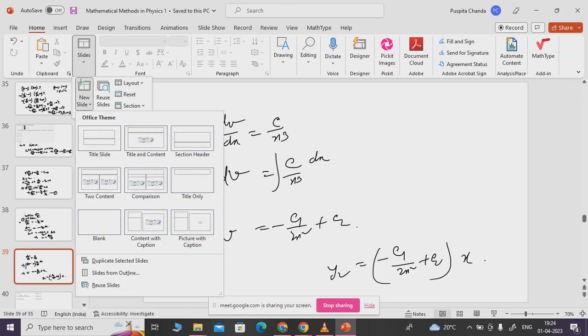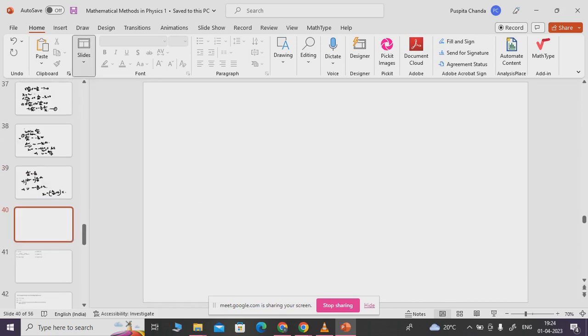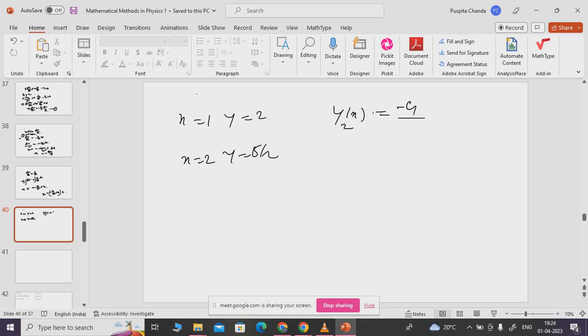So y2 will be minus c1 by 2x square plus c2 into x. Now to obtain the values of c1 and c2, we will apply the conditions. Which conditions? When x is equal to 1, y is equal to 2, and when x is equal to 2, y is equal to 5 by 2.